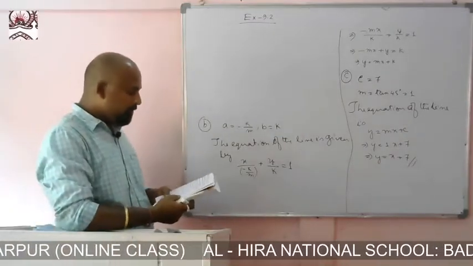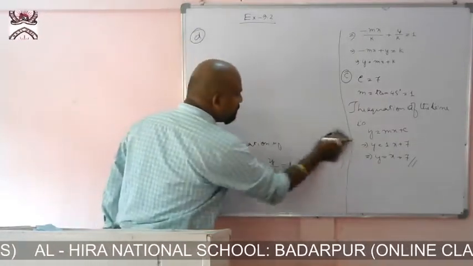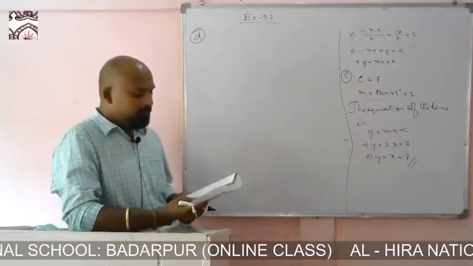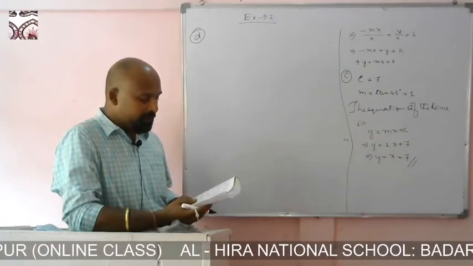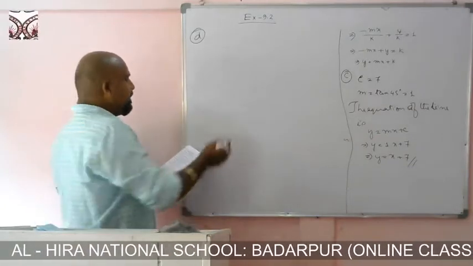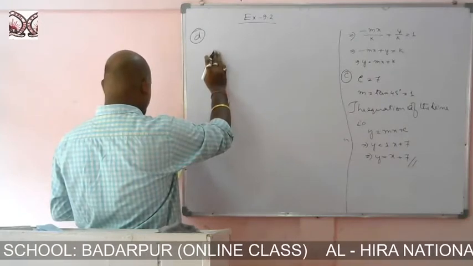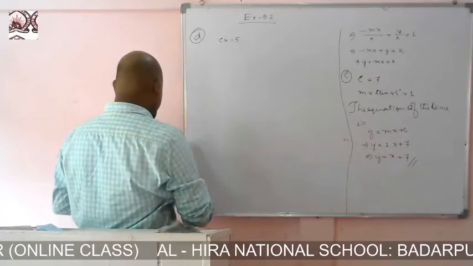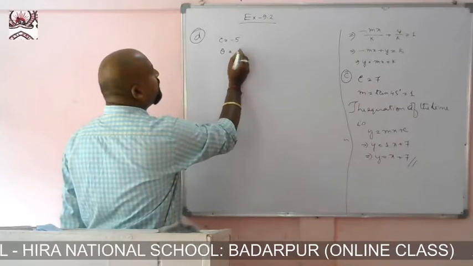Now question answer D. The line has y-intercept minus 5 and is equally inclined to the axes. The y-intercept is equal to minus 5, so c equals minus 5, and it is equally inclined to the axes, meaning theta equals 45 degrees.